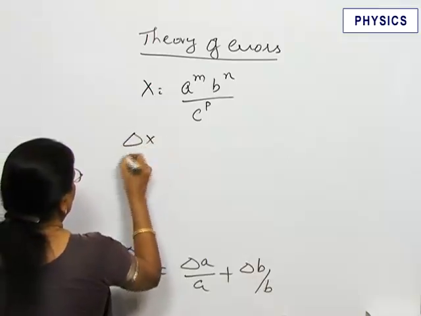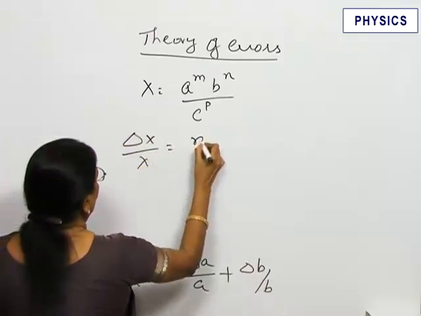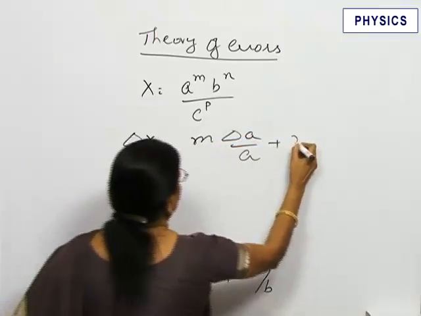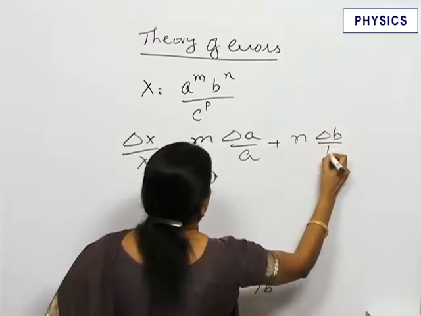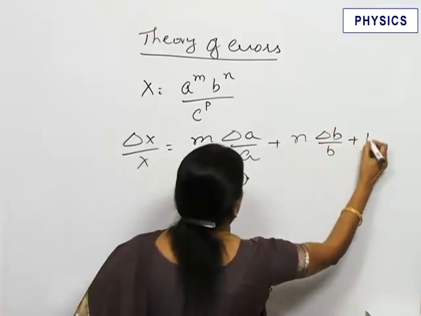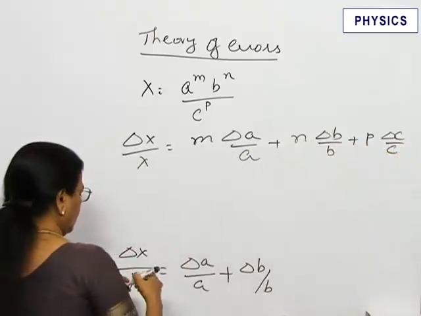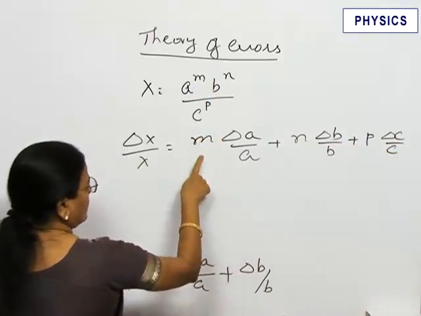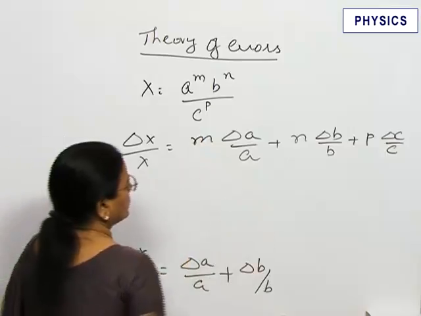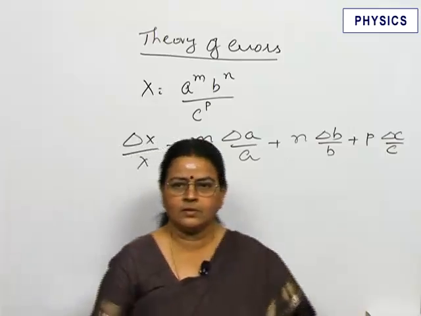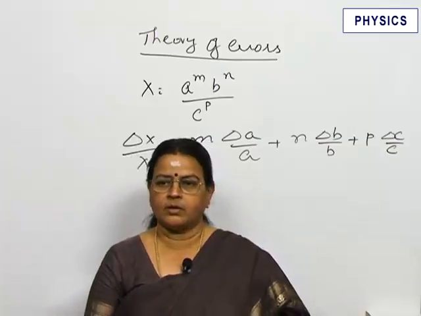So delta x by x is equal to m times delta a by a plus n times delta b by b plus p times delta c by c. Okay. So you have to multiply by the power. It is like logarithmic differentiation. So using this formula, we are going to do the following problems on error analysis.